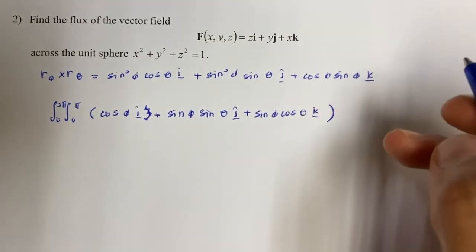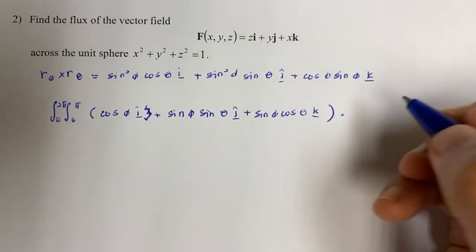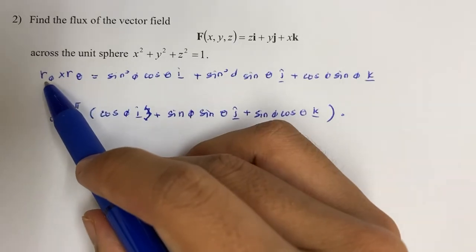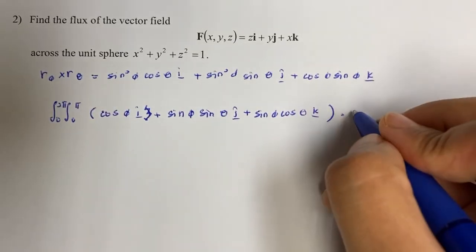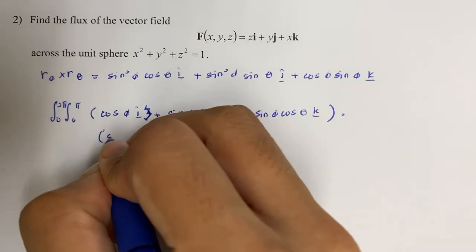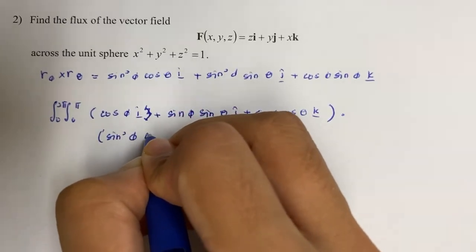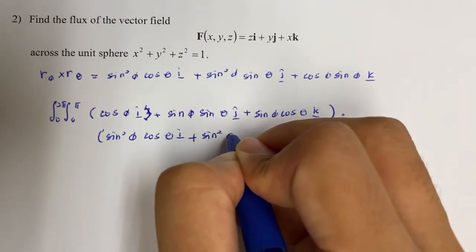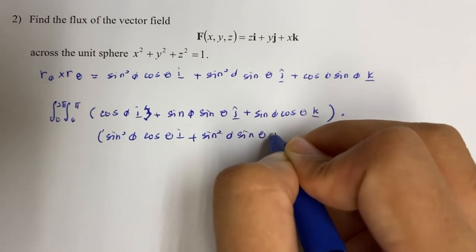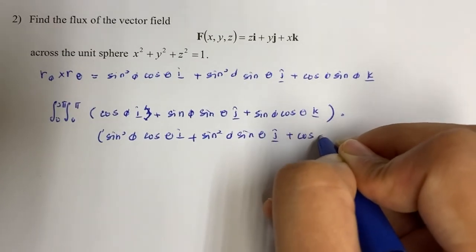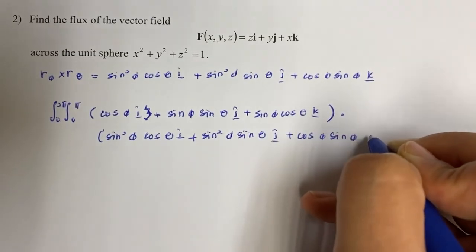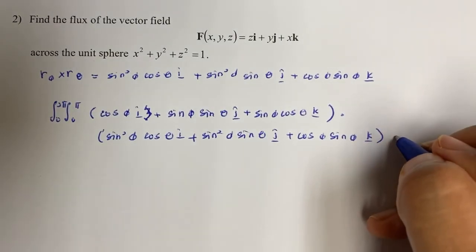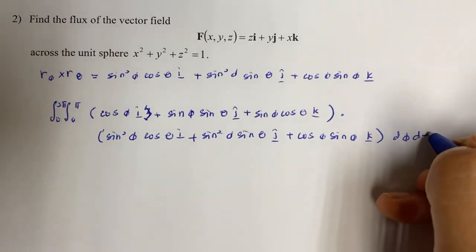So this is our F(phi, theta). And then we need to do the dot product with the cross product of r phi and r theta, which is sin square phi cos theta i plus sin square phi sin theta j plus cos phi sin phi k. We have our d phi d theta here.